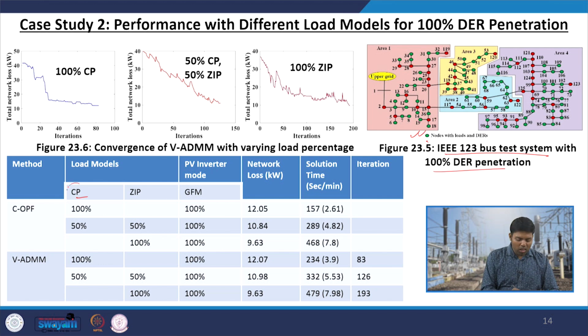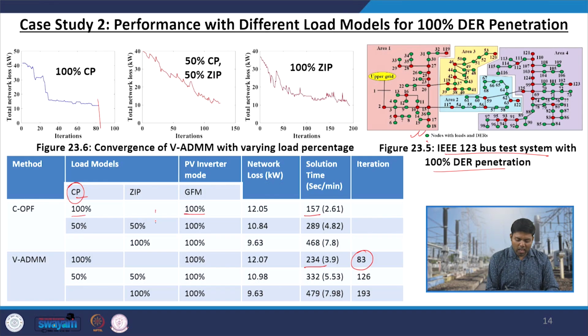If we have only constant power load of 100% and all the PV inverters are running in the grid following mode, then it takes almost 157 seconds to solve the centralized OPF, and vanilla ADMM completes 83 iterations in 234 seconds, that is almost 4 minutes to get convergence.